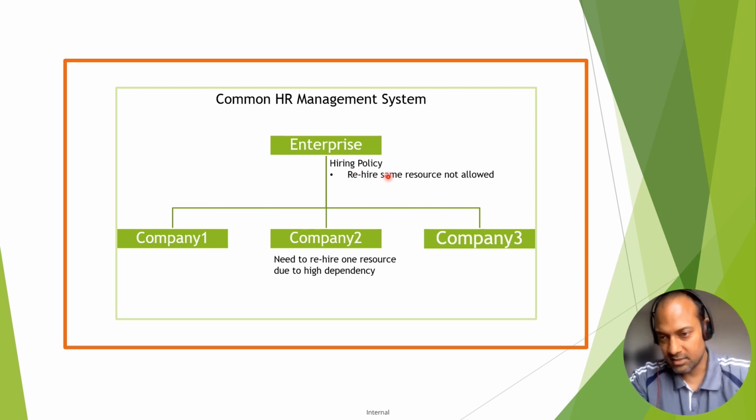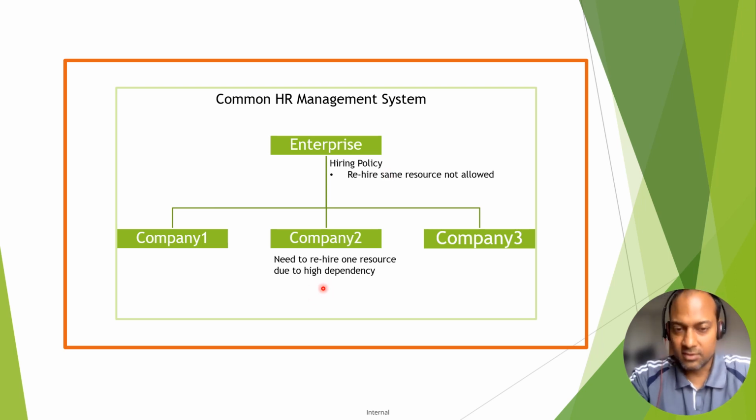Due to this constraint, company two cannot rehire that resource. So this is how factors internal to the enterprise affect the full realization of the value of the solution. There are a lot of other internal factors that affect the full realization of the value.